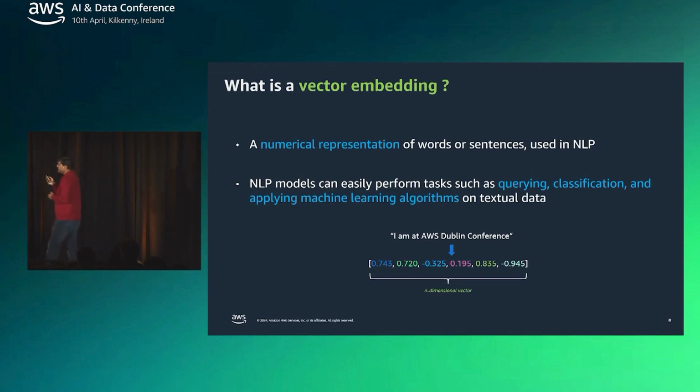So here, in this sentence, I am at AWS Dublin, this is converted into this array of numbers. In reality, what would happen is it will first convert that entire sentence into small tokens. So for example, I, am, at, and so on. And then each of those words will be converted into an array of numbers. So now this is the numeric representation of your data.